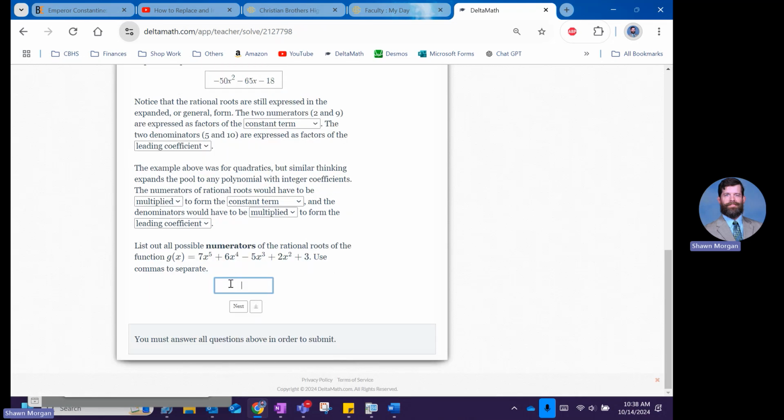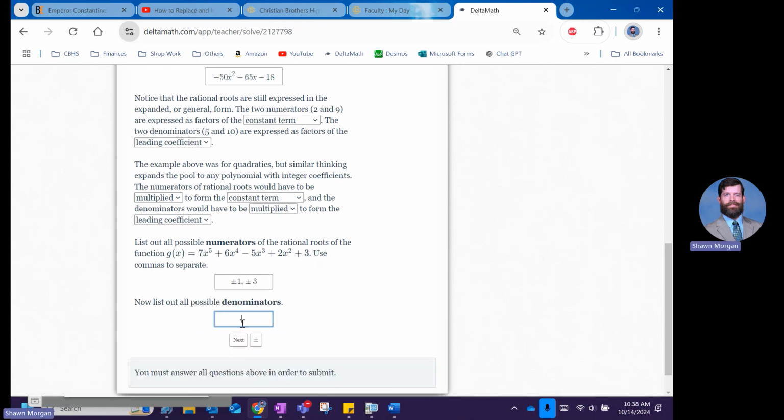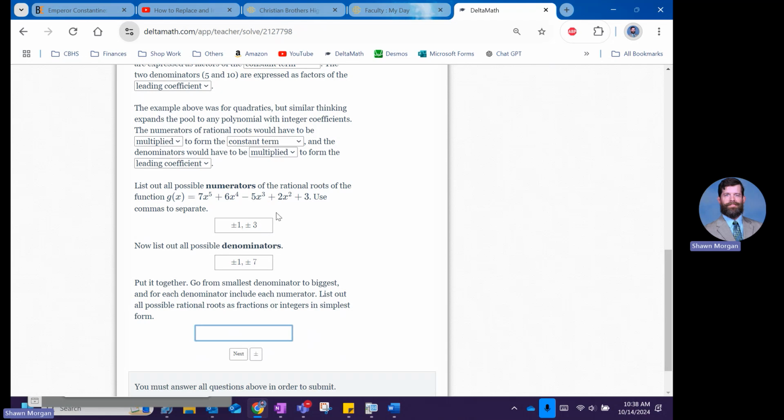And then possible numerators. All right, so you tell me what would all the numerators be? Plus or minus 1, plus or minus 3. What would all the denominators be? Plus or minus 1, plus or minus 7. Now, this is where we would be P over Q. So 1, 1/7, 3, 3/7.